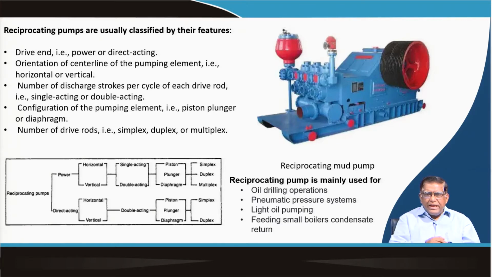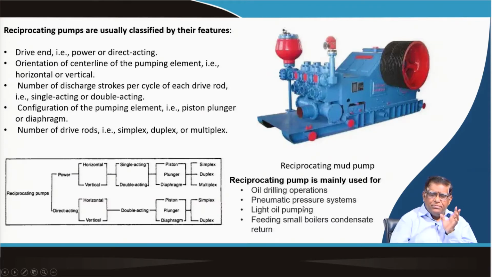For that, the mud is given flow and pressure so that it goes to the bottom and then comes back, and this is done by the mud pump. One of the mud pumps used is the triplex mud pump, a reciprocating pump for oil drilling operations.